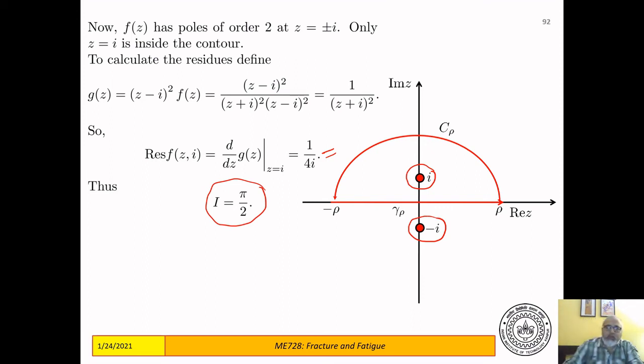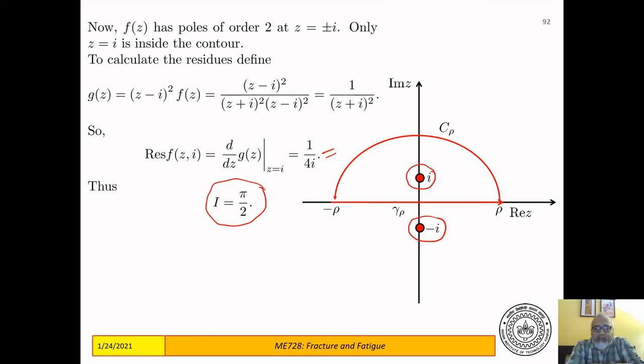Okay, so this is all about analytic functions, contour integrals of analytic functions. What we have learned so far is that if a function is analytic in a particular domain and you have a contour enclosing it, then the integral over that contour is always equal to 0. If inside the contour there are no poles, then it's equal to 0.